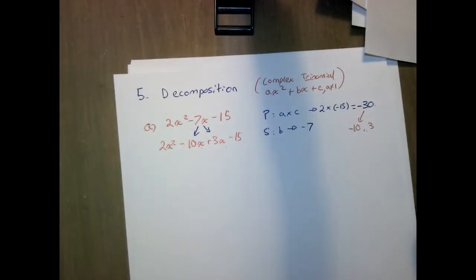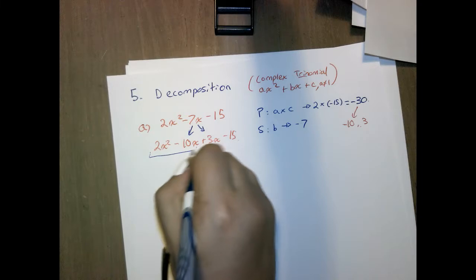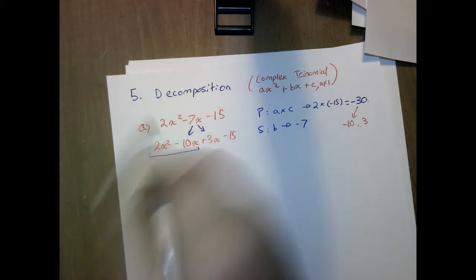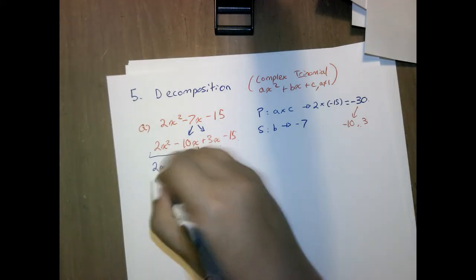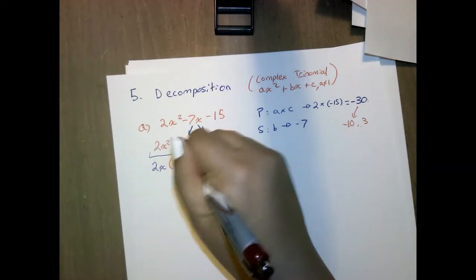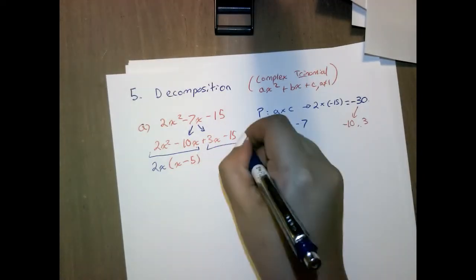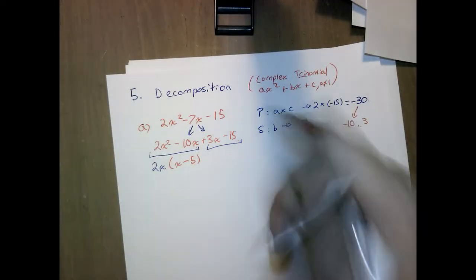And now that I have 4 terms, I factor by grouping. So I look at my first 2 terms and I figure out that, hey, they've got a 2x in common, and I'm left with an x minus 5 inside my brackets. And that means that I'm going to probably want an x minus 5 in my other brackets too.